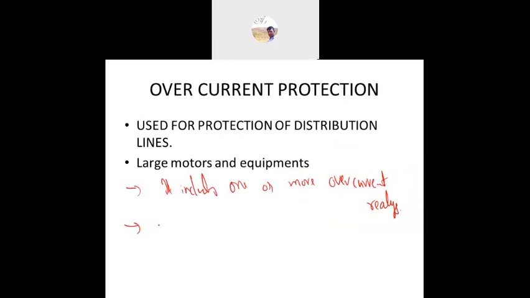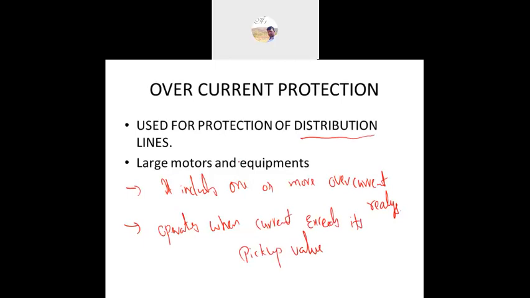So it operates when current exceeds its pickup value. Overcurrent protection is used for the distribution line and for large motors and equipment, and it includes one or more overcurrent relays.